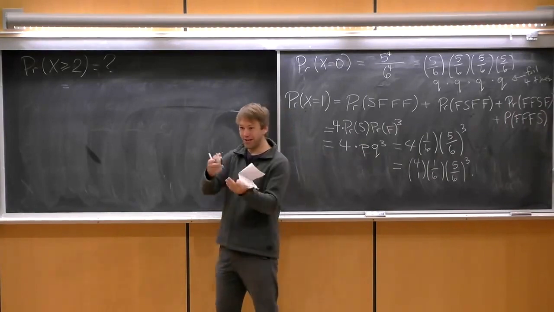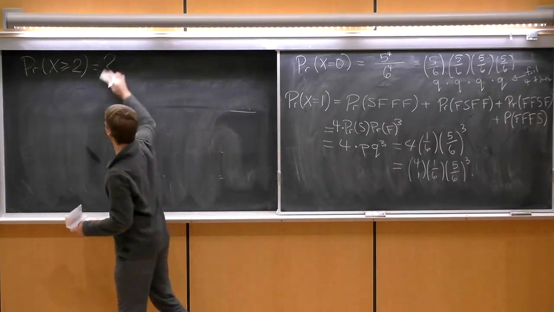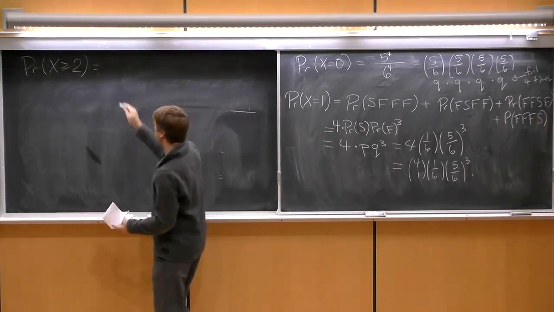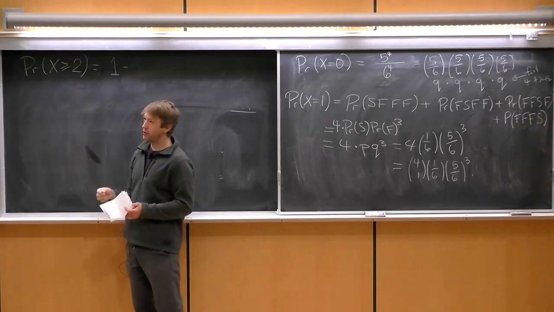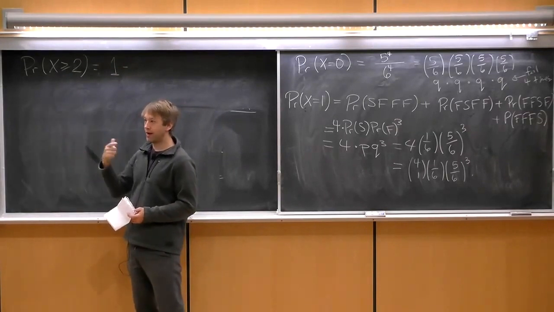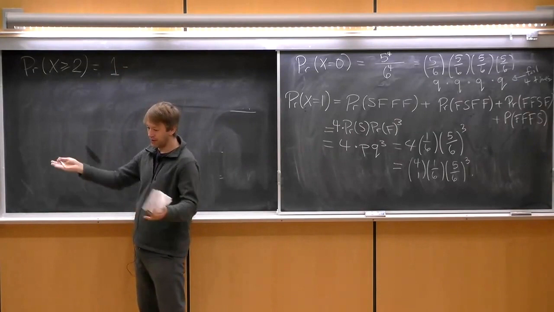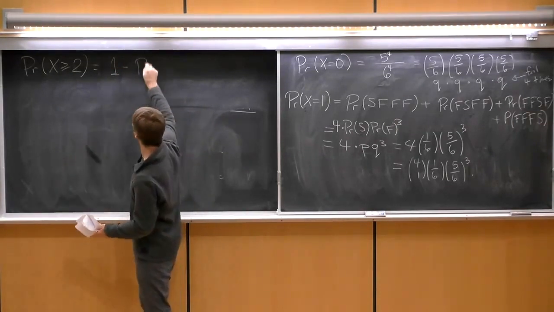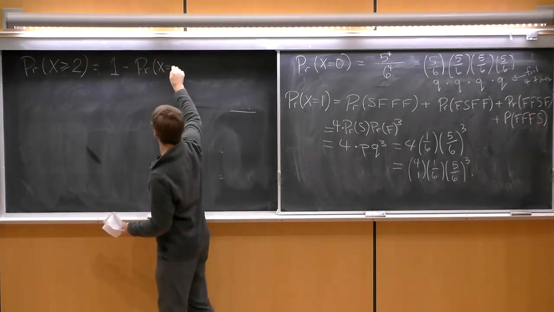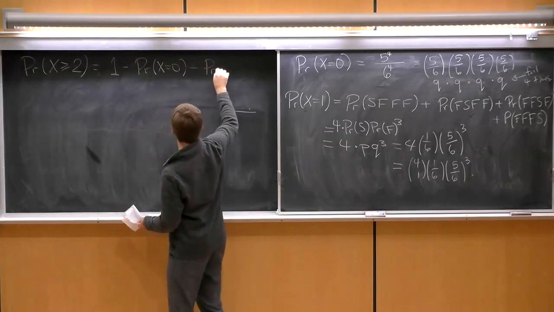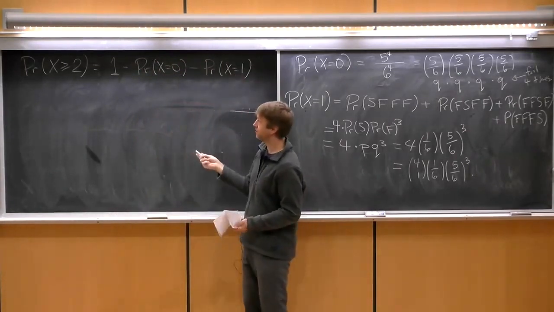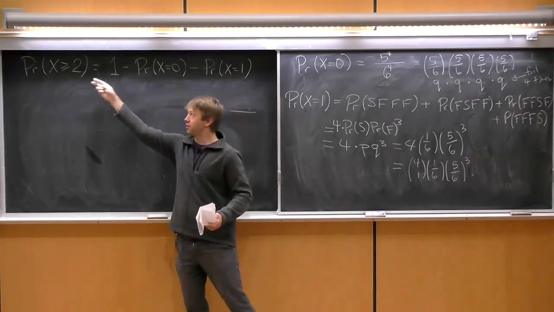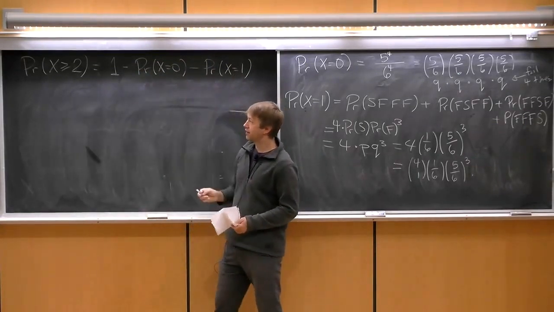I think you guys are both saying the same thing: to get at least 2, you have to not get 0 and not get 1, and then everything else is fine, right? So this is using your complement rule. The complement of at least 2 would be either 0 or 1.